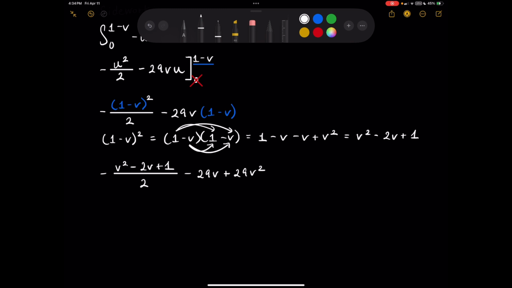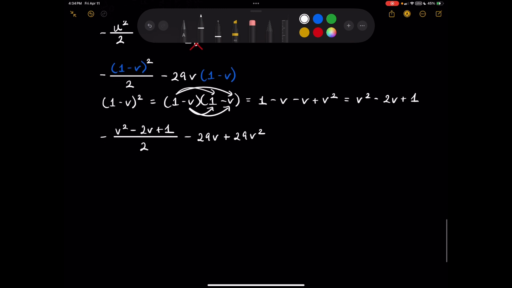And the way I'm going to further reduce this is basically write this as negative v squared over 2, negative 2v over 2, or yeah, basically, this is going to be a plus because we bring in the negative to all of these terms here, right? So plus 2v, and then minus 1/2 minus 29v plus 29v squared.